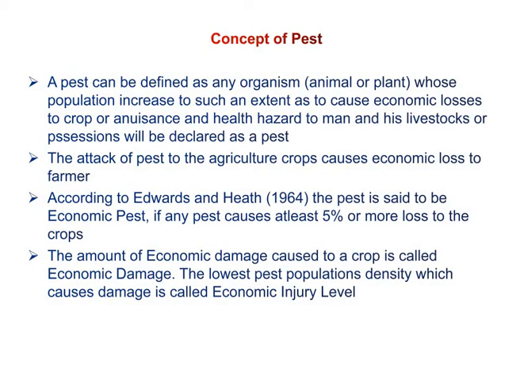Now, Stern et al. in 1959 called the density of pest population at which control measures should be started, to prevent the pest population from reaching the economic injury level, the economic threshold. Now, this is regarding the concept of pest.